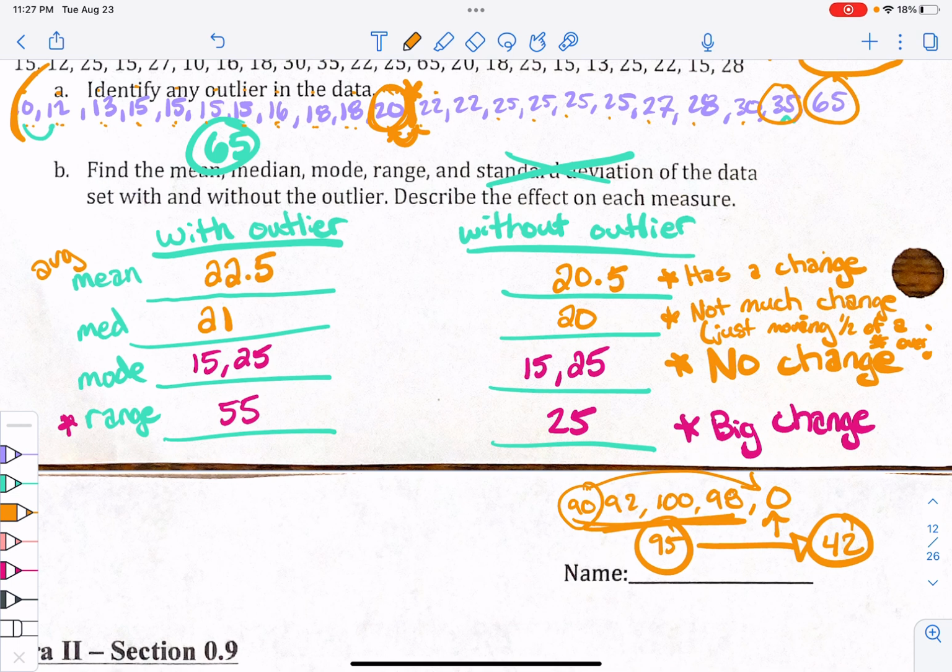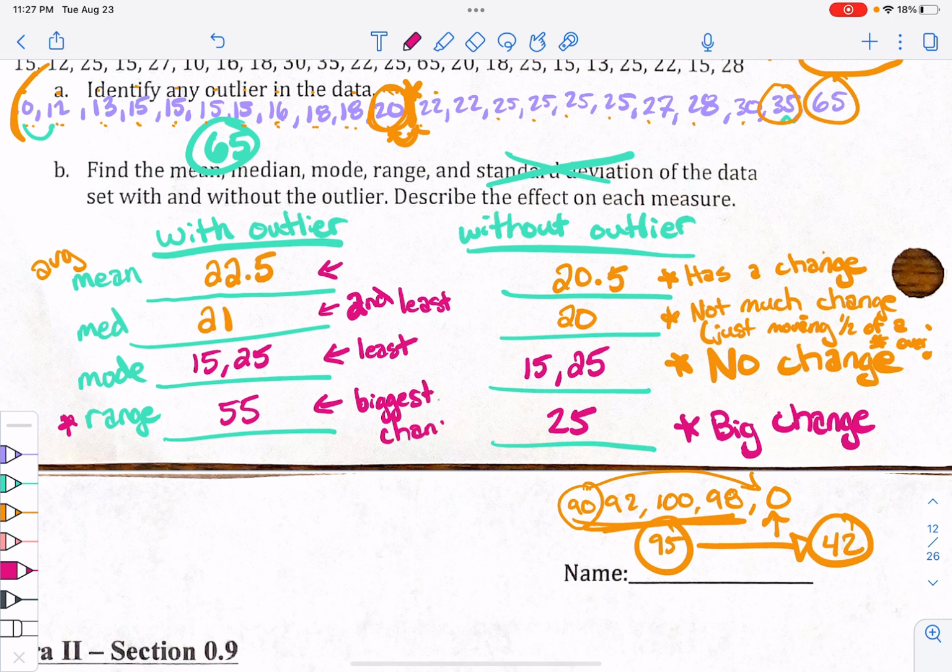So which one changed the least? The mode has the least change because it doesn't change at all. The next one would probably be the median. I'm going to say this one has the second least amount of change because it's only moving just a little bit. Then the mean probably is the next one, and then the range has the biggest change.